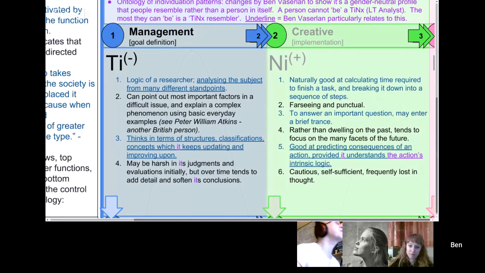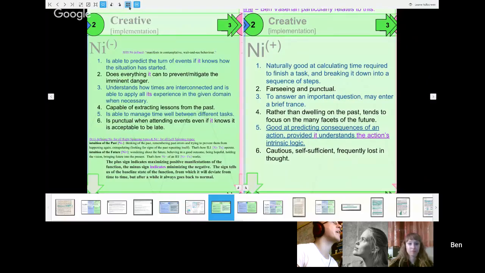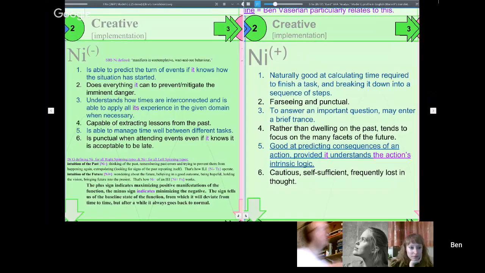This is something I've not done before, but then the audience will be able to see the difference in NI plus and NI minus, and how the way Victor has defined the functions carries over. So you can see there the negative, avoiding danger. And so I'll let you find your own patterns as a fellow NP.